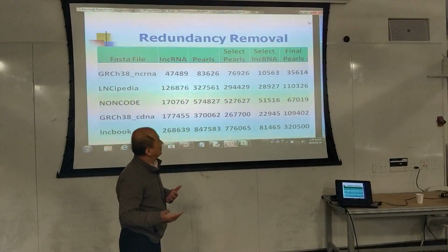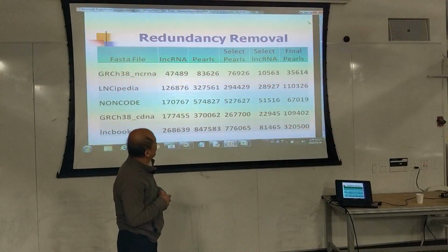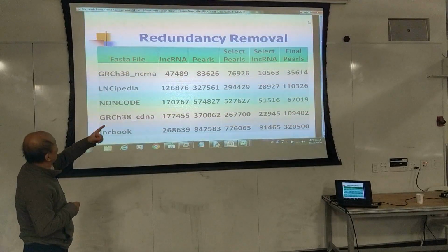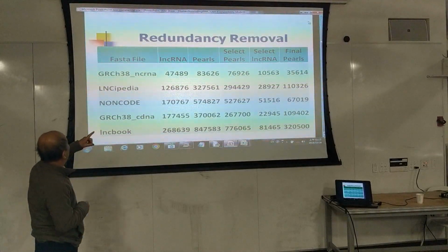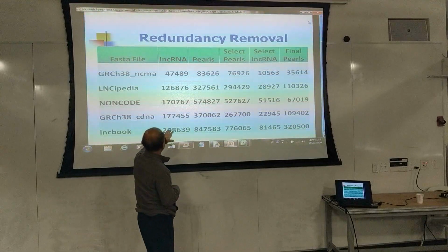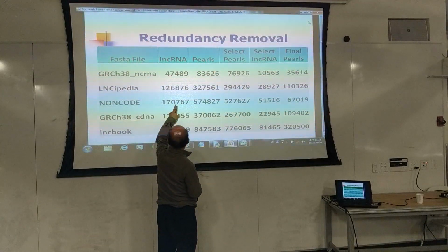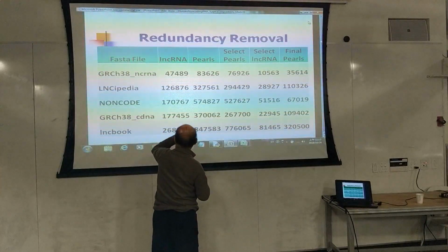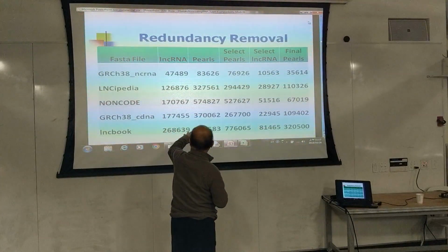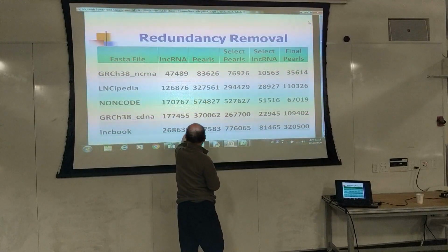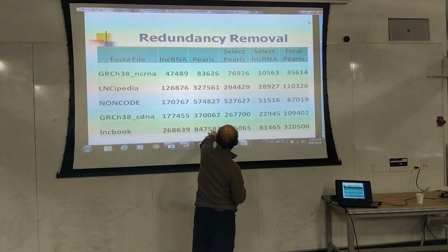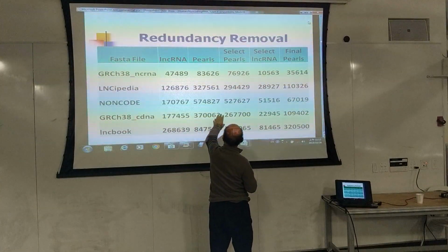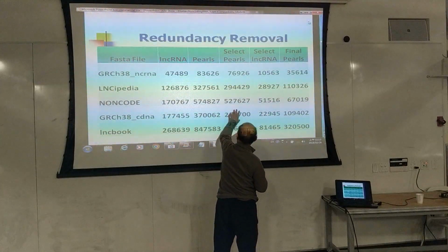So the redundancy removal: I'm just showing the number of RNA in the original data file. There are tens of thousands of them, and the pairs derived from them are in this column. From this list of pairs, I select things which are not repeated, not redundant.